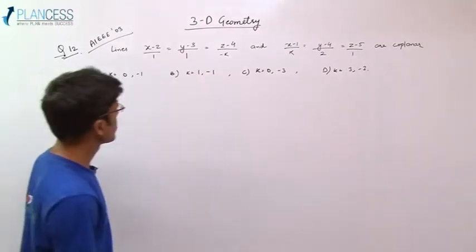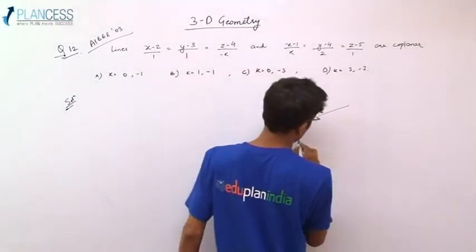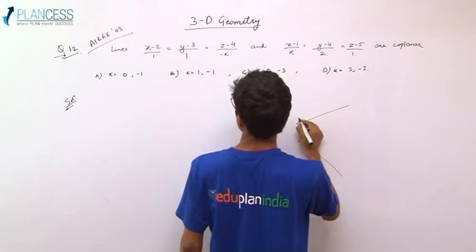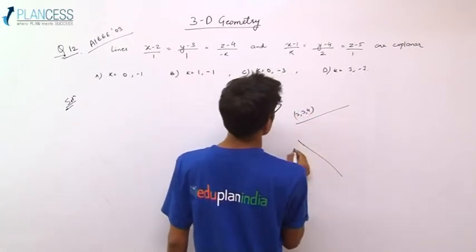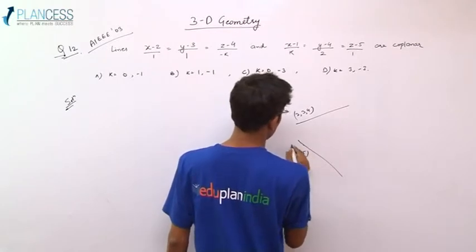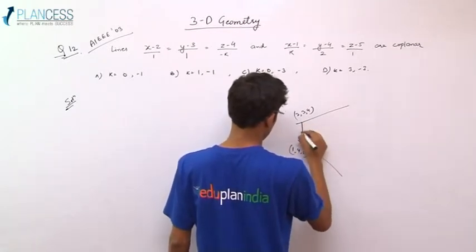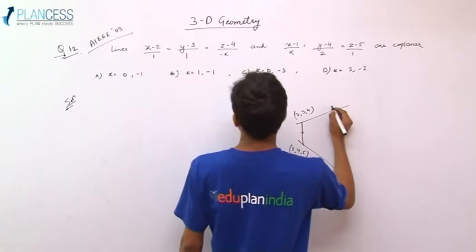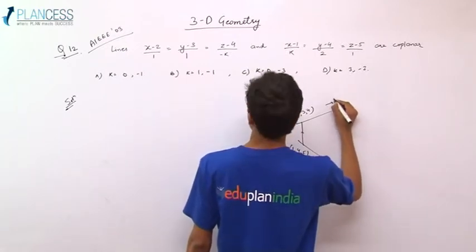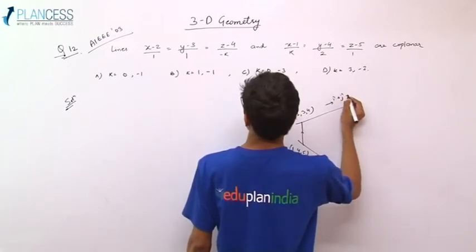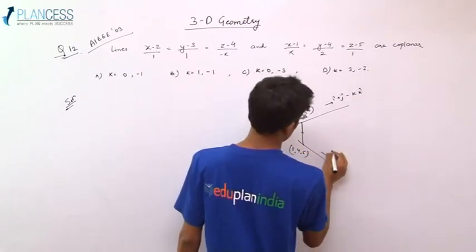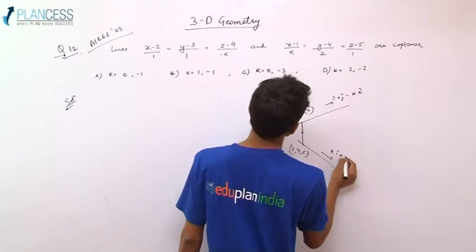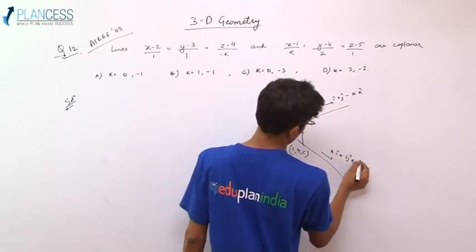So these are the two lines. This line is passing through the point (2, 3, 4). This line is passing through (1, 4, 5). So this vector is i cap plus j cap minus k cap, and this vector is k i cap plus 2 j cap plus k cap.